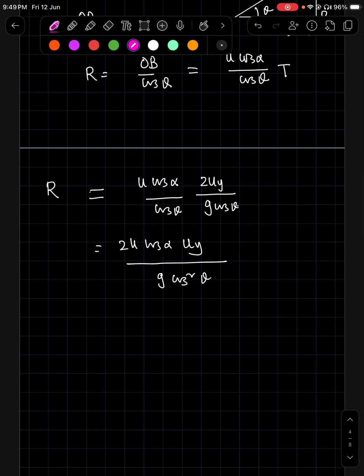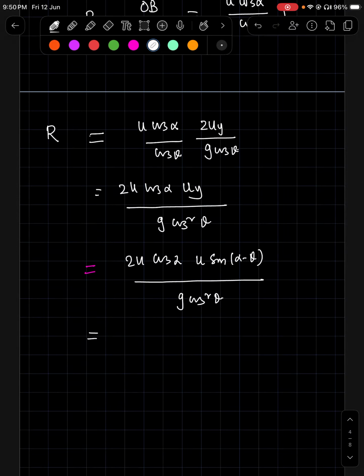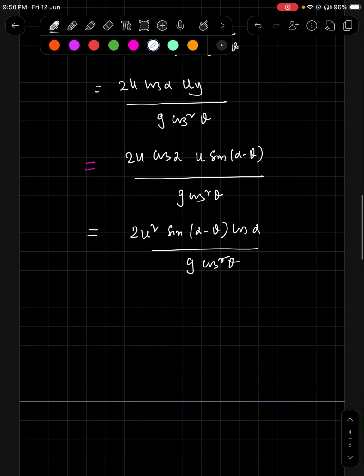So we can write here 2u cos alpha, u sine alpha minus theta, by g cos square theta. Fantastic. Now I'm rearranging all the terms properly: 2u square sine alpha minus theta cos alpha by g cos square theta.